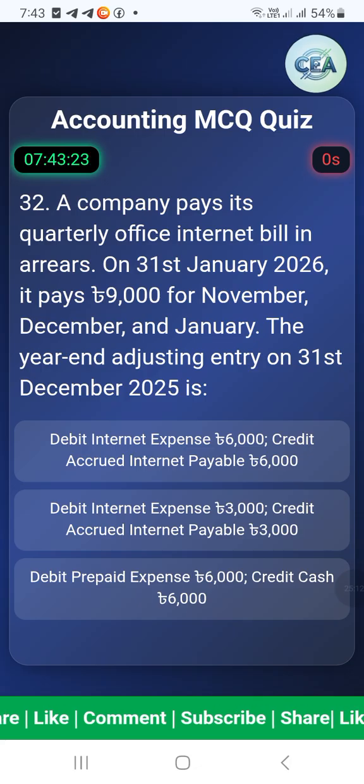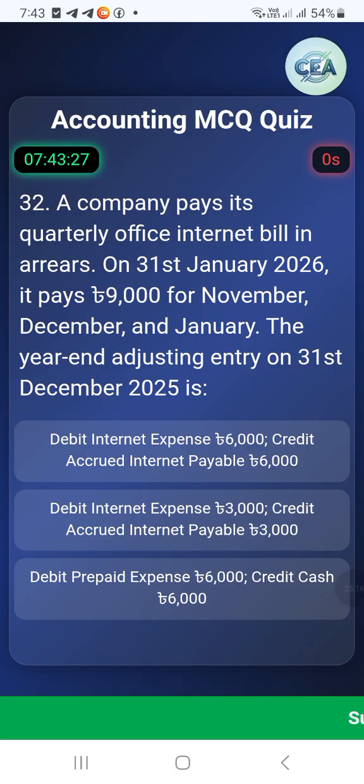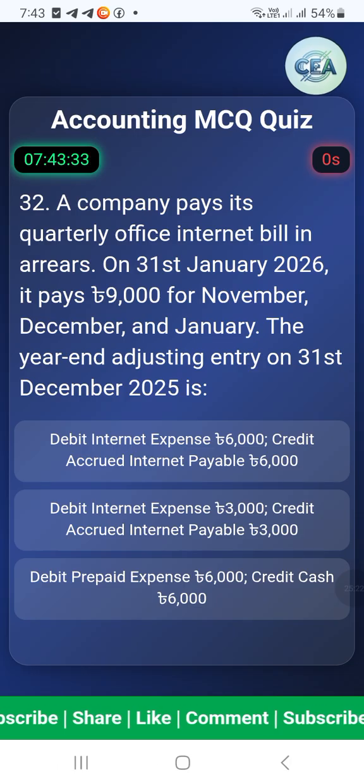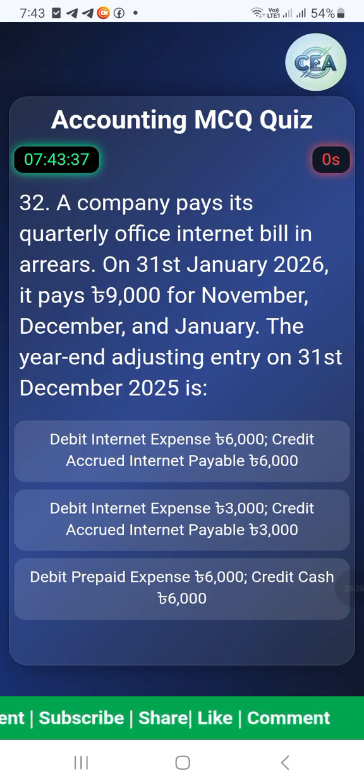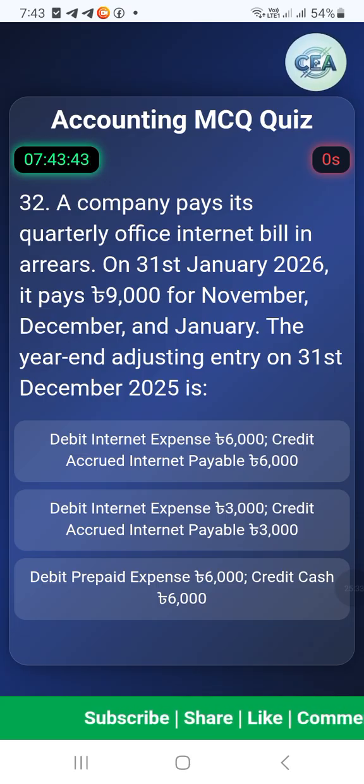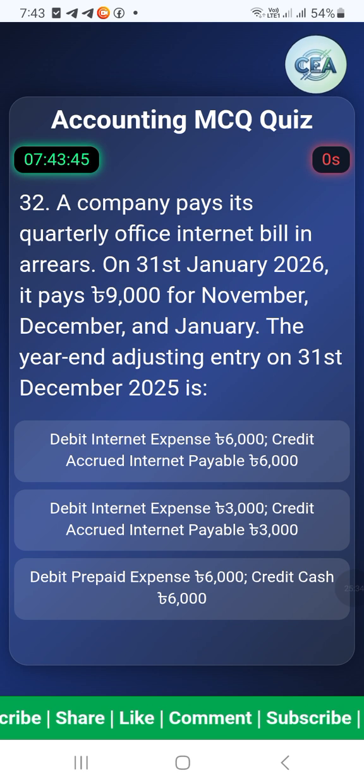32. A company pays its quarterly office internet bill in arrears. On the 31st of January 2026, it pays 9,000 takas for November, December, and January. The year-end adjusting entry on the 31st of December 2025 is: Option 1. Debit internet expense 6,000 takas, credit accrued internet payable 6,000 takas. Option 2.